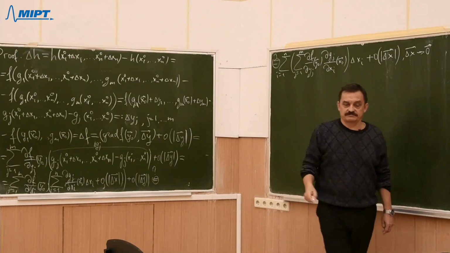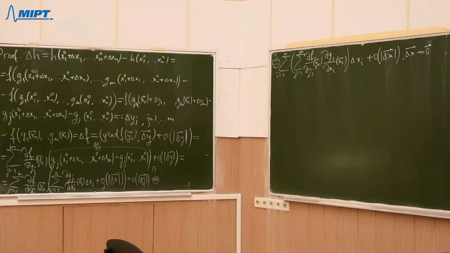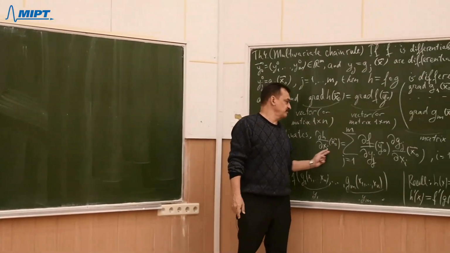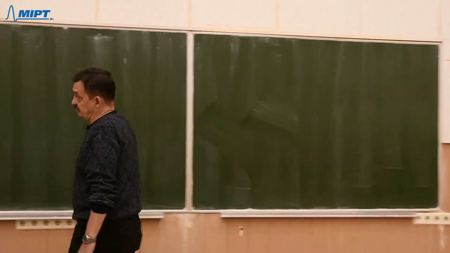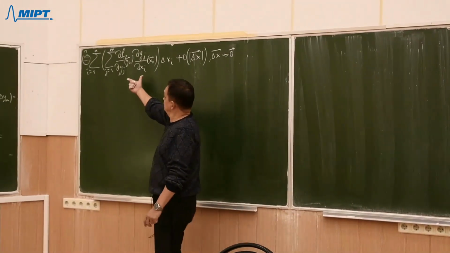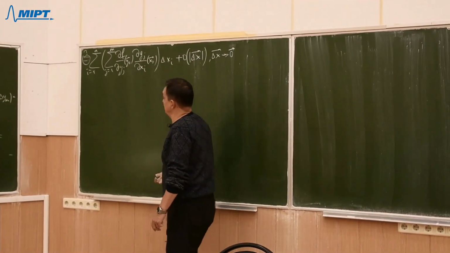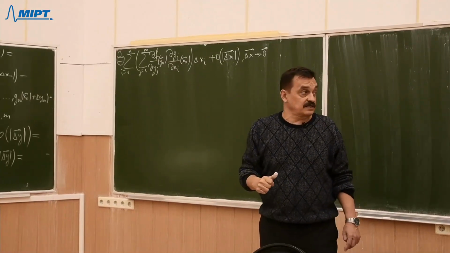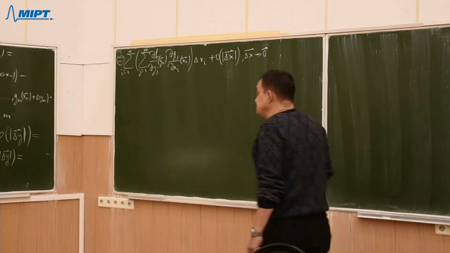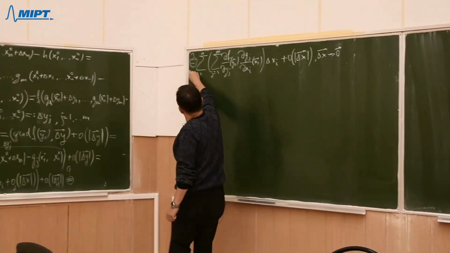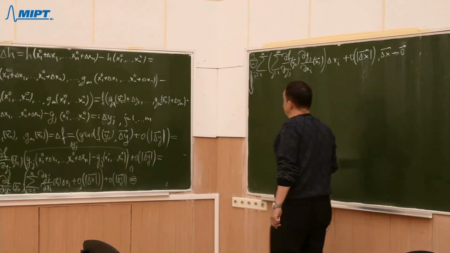And if we prove it, then everything is proved, since automatically we also obtain this expression for the partial derivative as a consequence. Because look, here is the coefficient of delta xi, that is precisely the expression which we want to prove. So it means that it is equivalent to prove this equality.